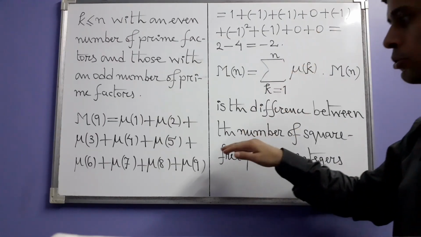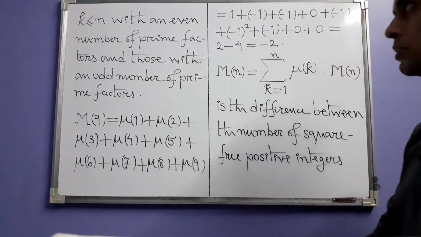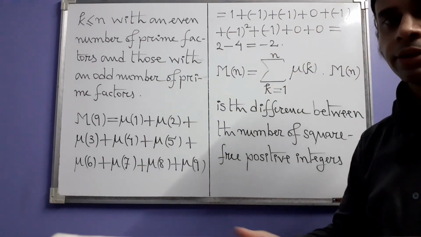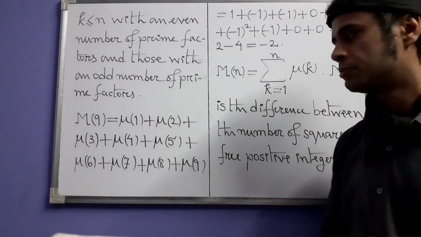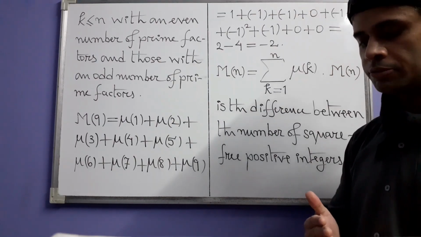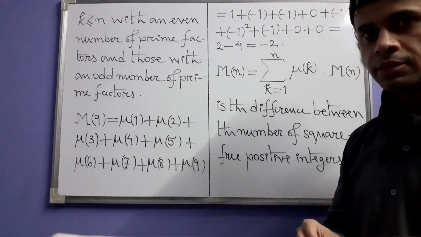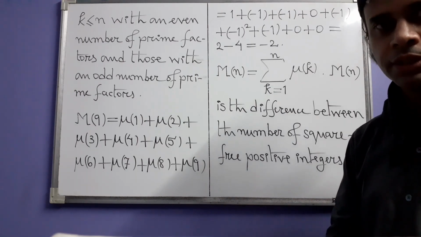Okay. So those integers which are not square-free are ultimately contributing 0 to this sum. That means essentially they are not contributing anything. What about the remaining integers which are square-free? In their factorizations, for some of them the number of primes involved is even, and in some of them the number of primes involved is odd.